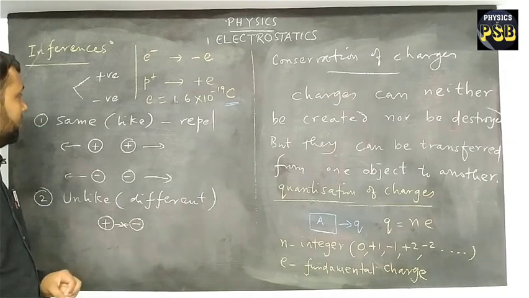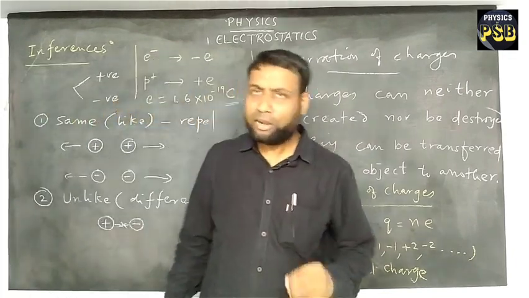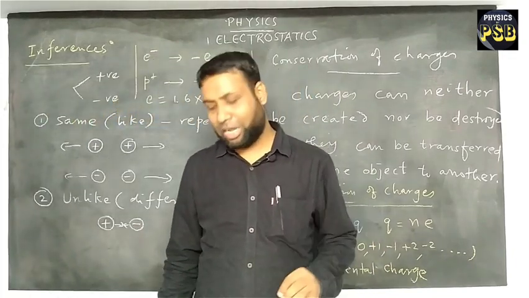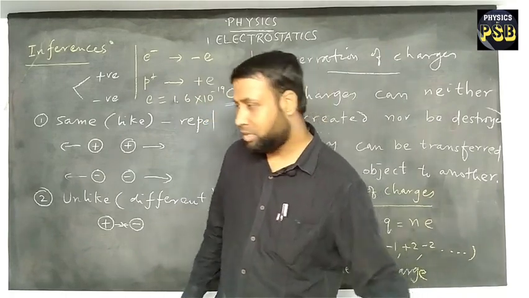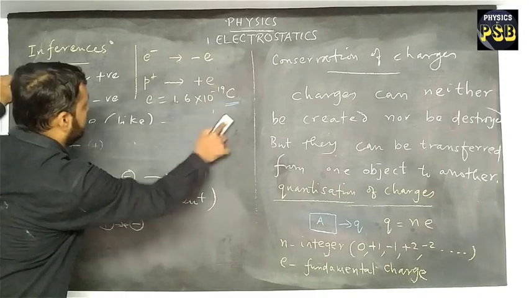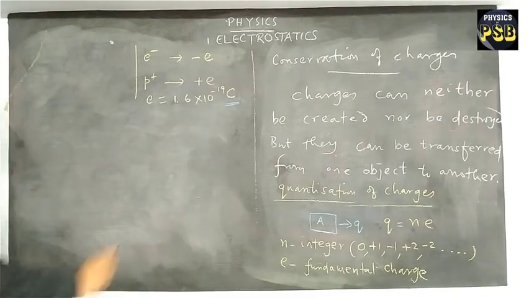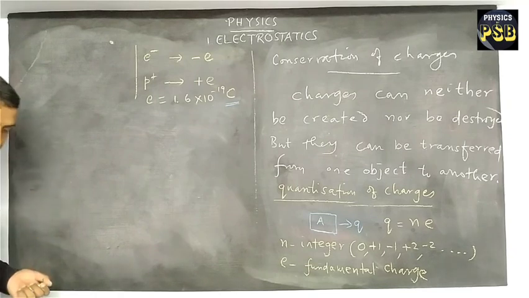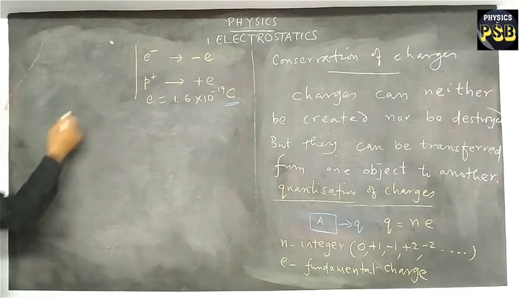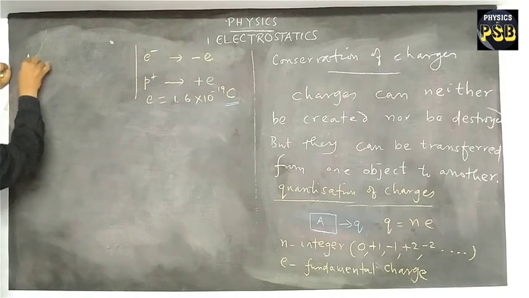Now I will explain to you how the objects become negatively charged or positively charged. What is the reason behind it? We are aware of the fact that almost everything in nature is made of atoms.